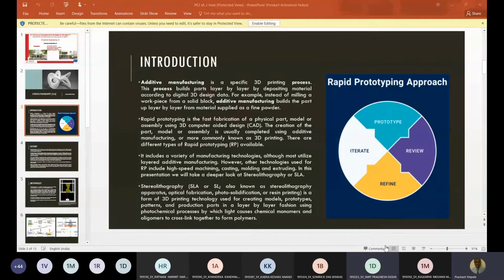The main motive of stereolithography is to produce a part layer by layer by adding solid blocks to it. So, going to the history of the manufacturing process.